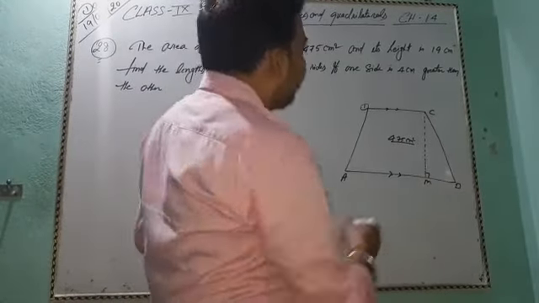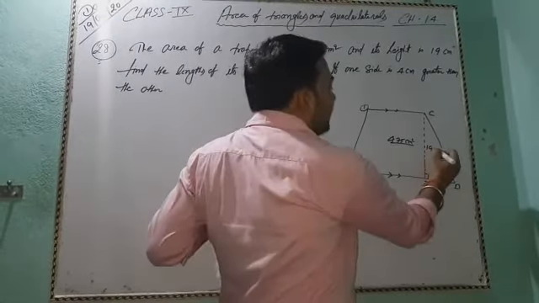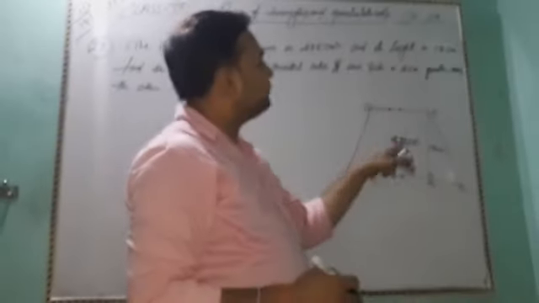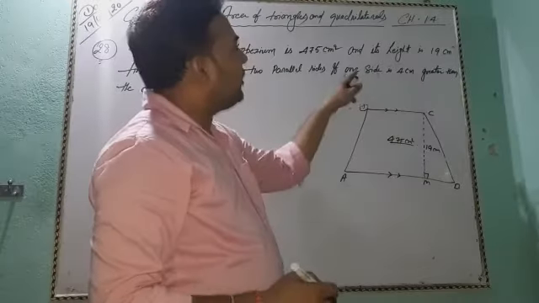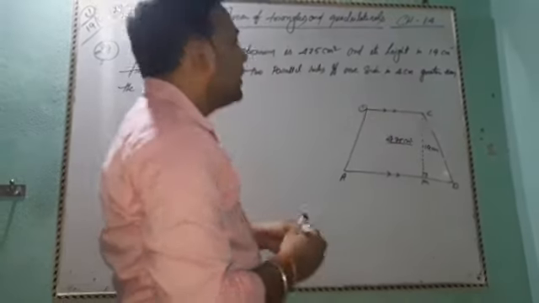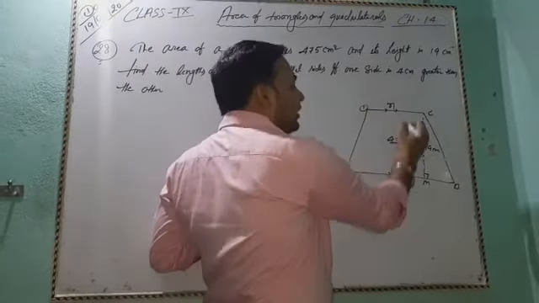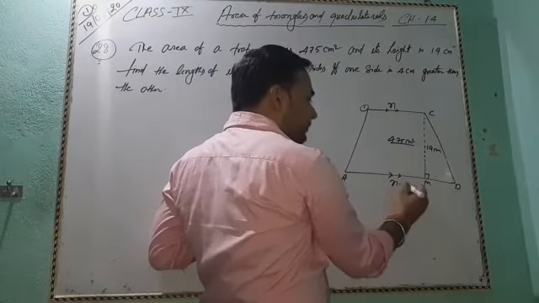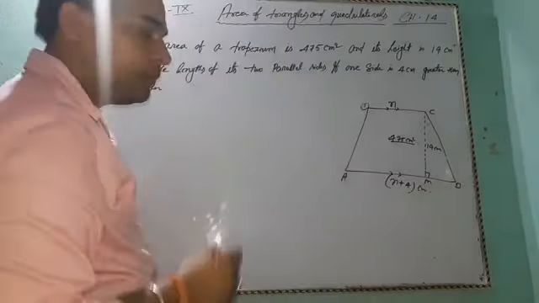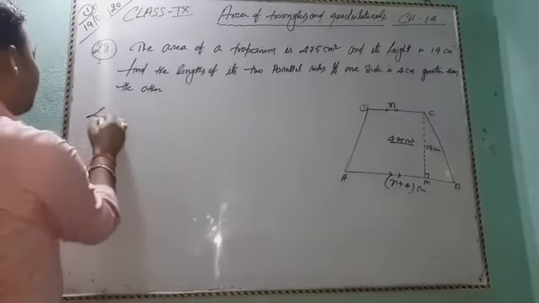And the lengths of its two parallel sides AB and DC: if one side is 4 centimeter greater than the other, let this side be x, then AB is x plus 4 centimeter. Clear? So now let's start the solution.